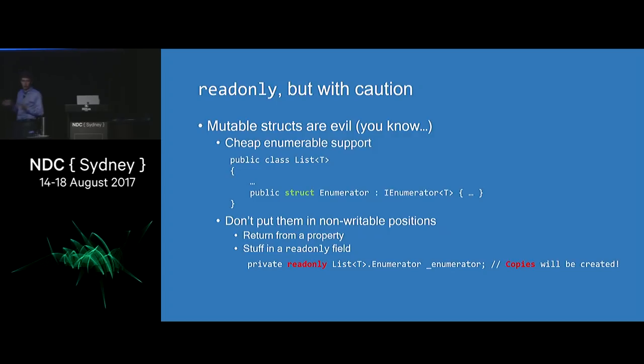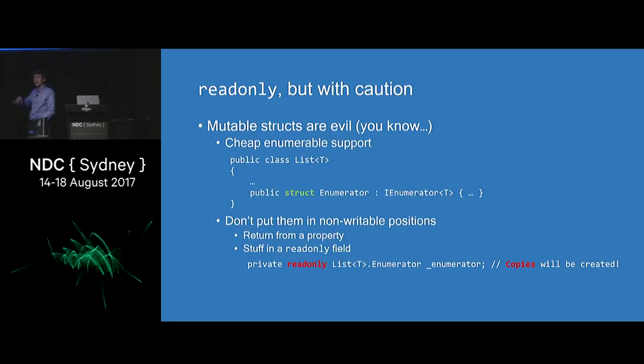There are certain structs which are mutable. A good example is the enumerator struct of List<T>. Now, this is just to drive home a point. The enumerator struct on List<T> is a struct such that the foreach loop doesn't cause any additional allocations. If you do a foreach over List<T>, it will see, oh, this thing implements the enumerator pattern. It has a GetEnumerator, it has a MoveNext, it has a Current, all that kind of stuff.